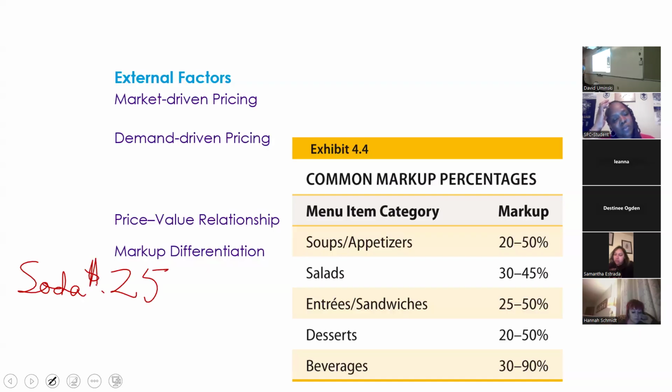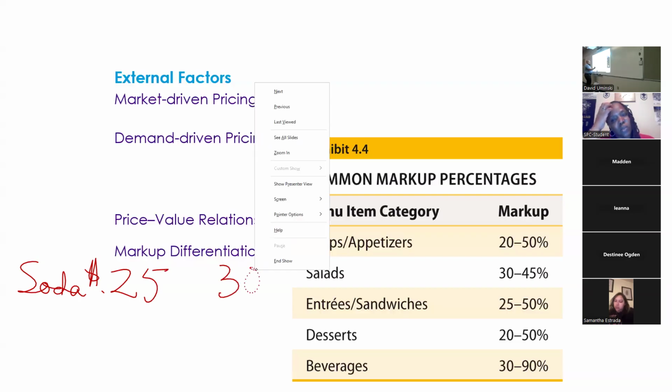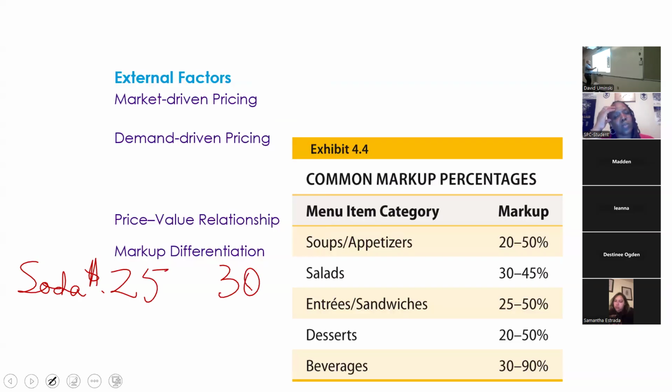So if my soda is 25 cents, how much do I usually sell sodas for? Like $3. Okay, cool. So if we sell it for $3, our cost divided by our sales is what percentage? So 25 cents divided by $3.